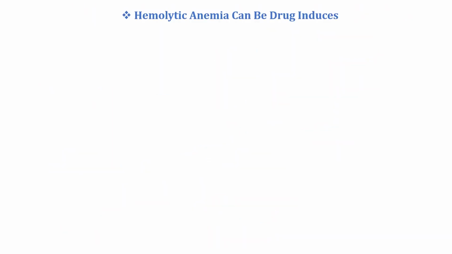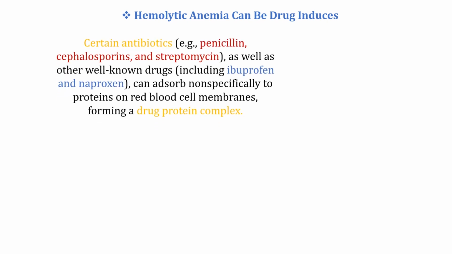Now next, hemolytic anemia can be drug induced. Sometimes antibiotics like penicillin, cephalosporin and streptomycin, along with other common drugs like ibuprofen or naproxen, have the ability to stick to proteins on the surface of the red blood cells and create a complex.